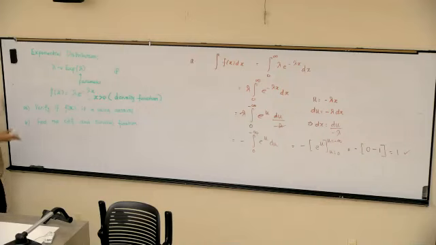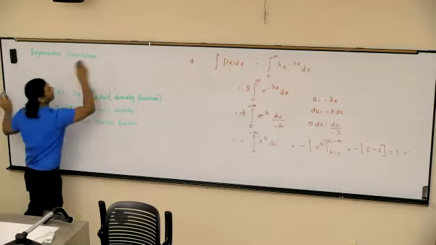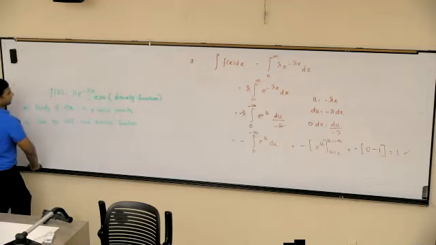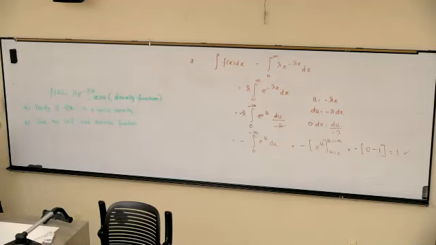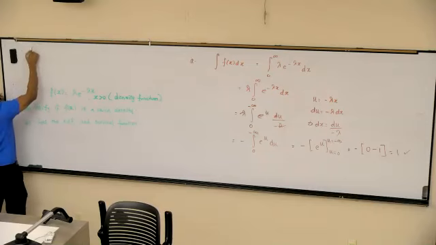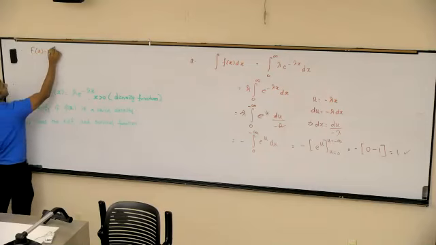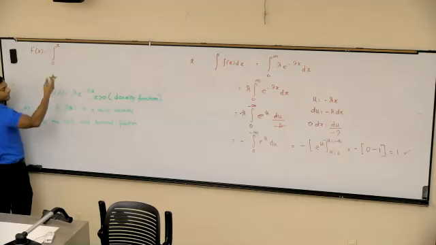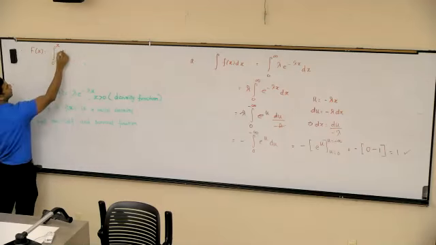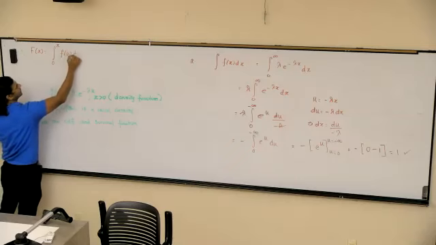How do we find the CDF? Same process, but instead, I'm going to erase this. Instead of integrating over the entire support, we're going to integrate it from 0 up to x, with a dummy variable, I'll call f of u du.